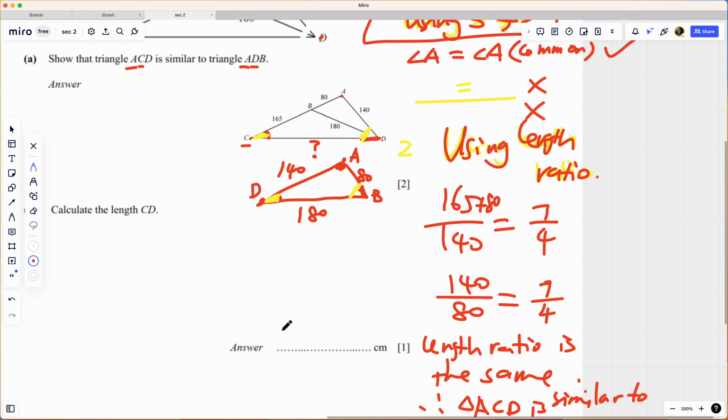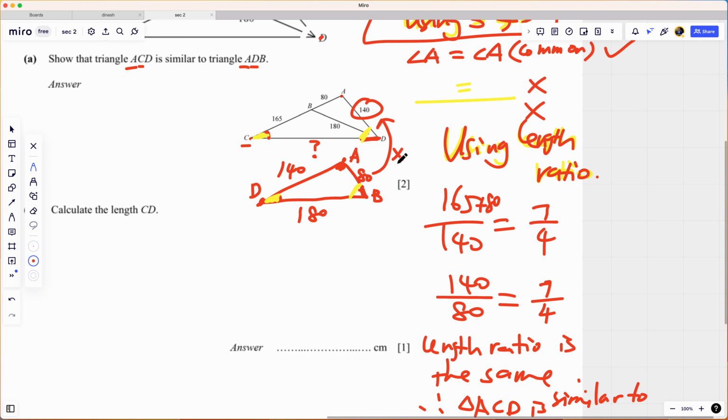They are similar, so what? If this divided by this, what? To get 80. Or in a way, if you don't want to see it this way, you want to see 80 times what gives you 140. Because they match, there is a factor here. So 80 times what gives you 140?